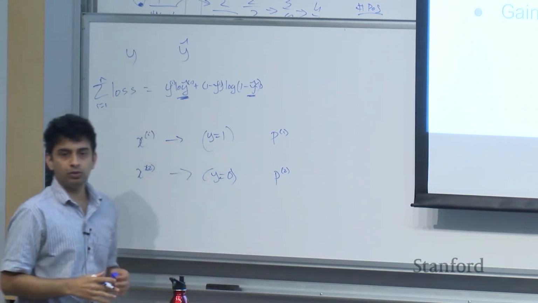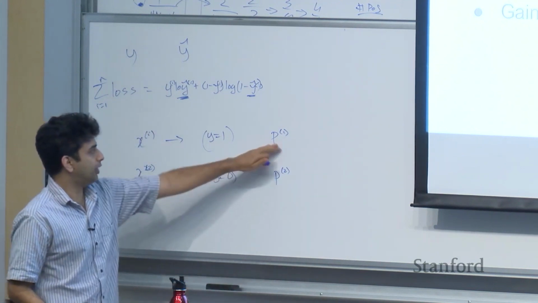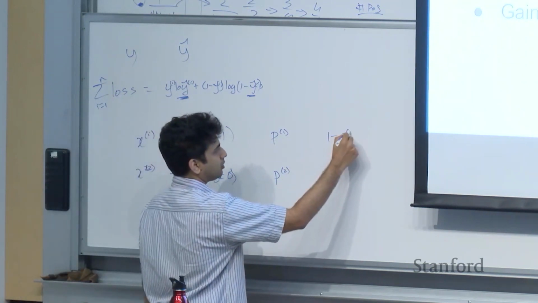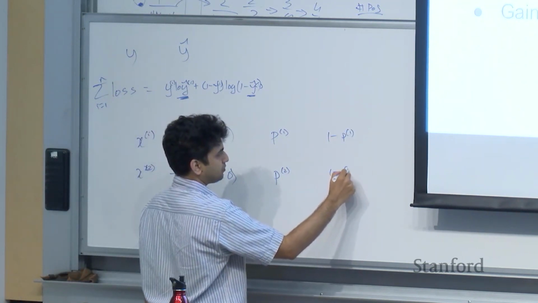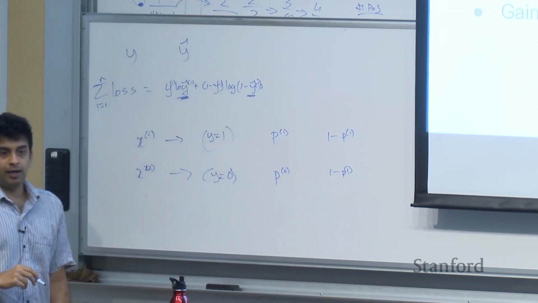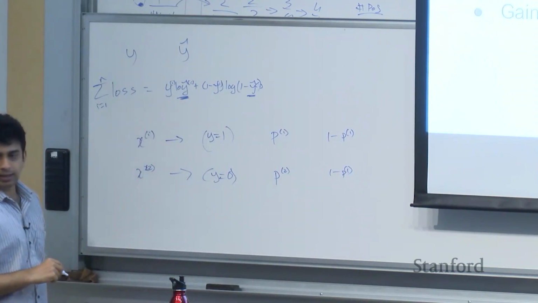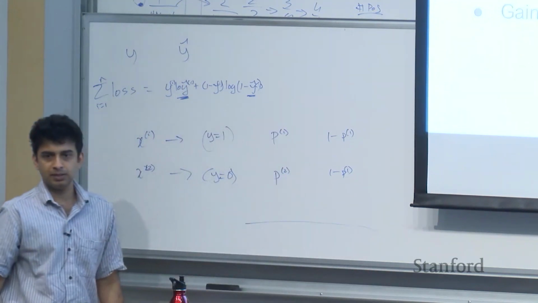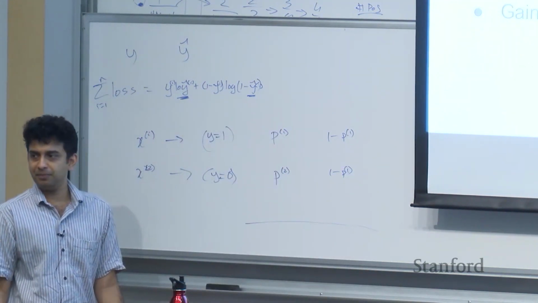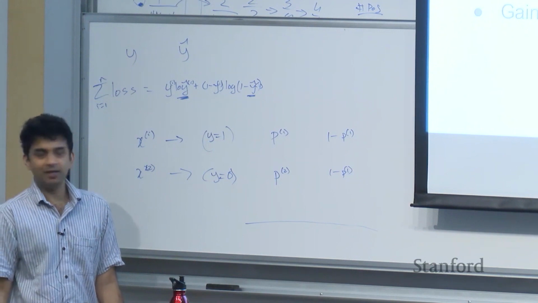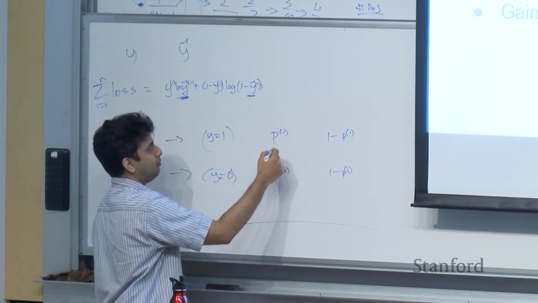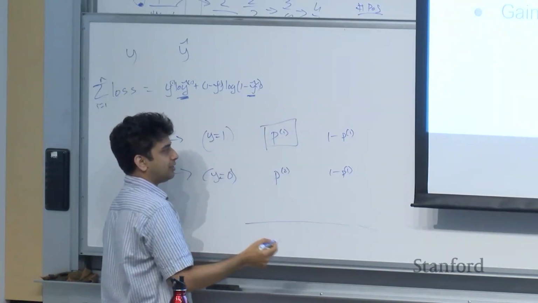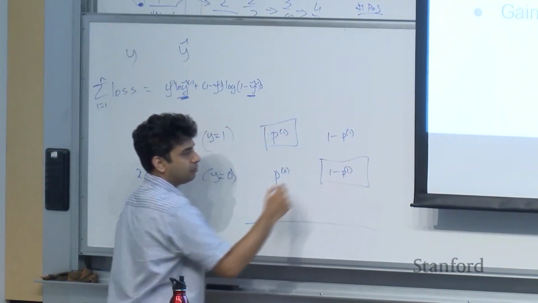Now, if you win, you get p. If you lose, you get 1 minus p. And then finally, you go through all the examples, and in the very end, what you get is not the sum of them, but the product of them. So for one example, maybe you got the correct answer and you earned this value, and for another example, maybe you got it wrong and you earned this value, right?